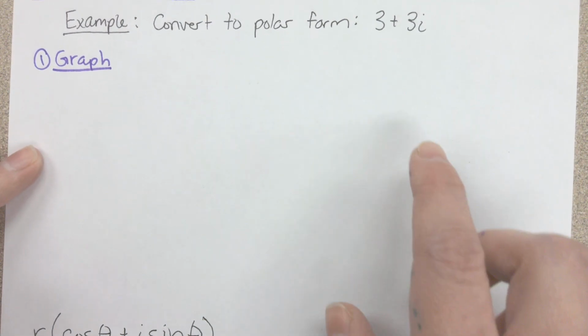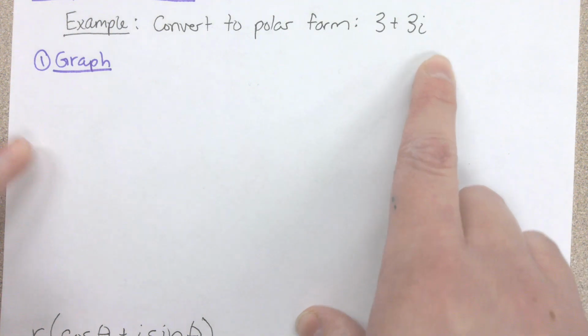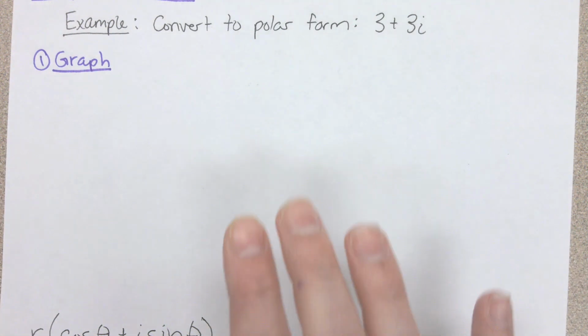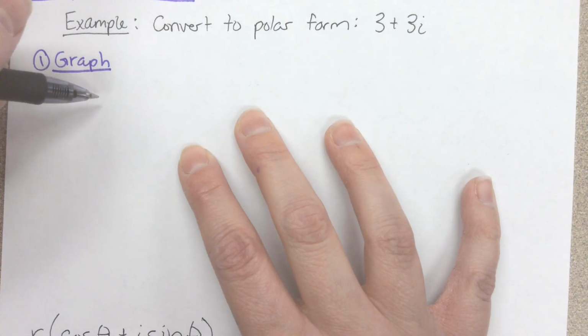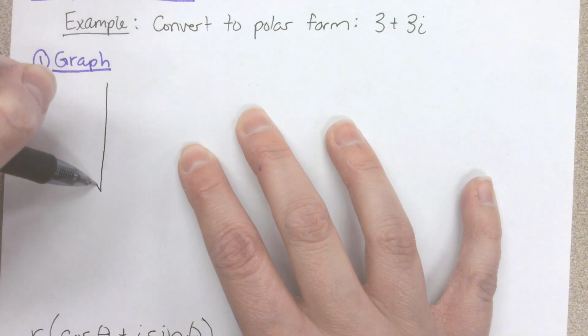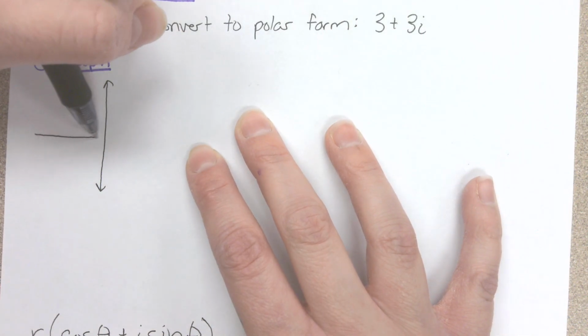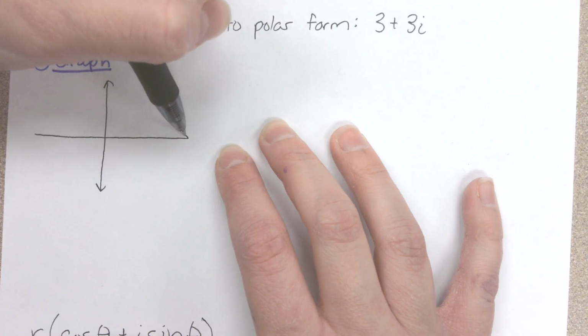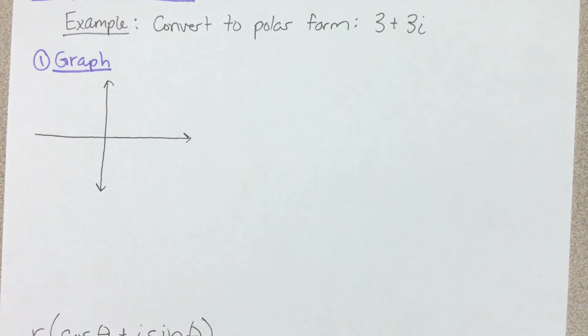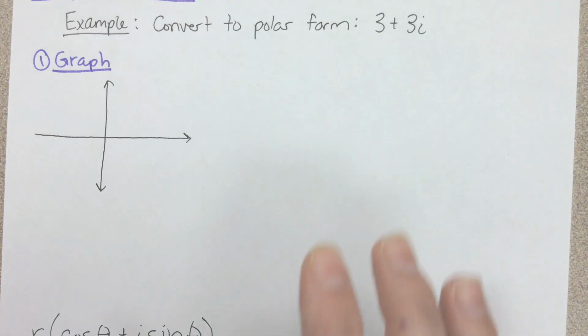Now, just thinking ahead, this is right 3, up 3, so we're going to be in the first quadrant. And if you don't want to draw a large coordinate plane to work with, you can kind of cheat a little bit. I'll show you. It doesn't need to be accurate to size. Again, this is really just an image to work with. It doesn't need to be graphed perfectly to proportion.